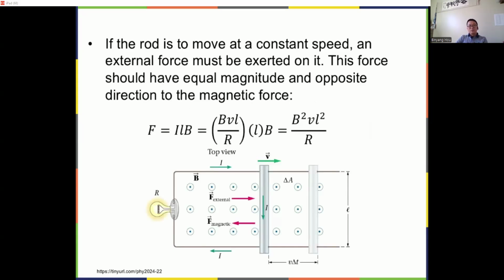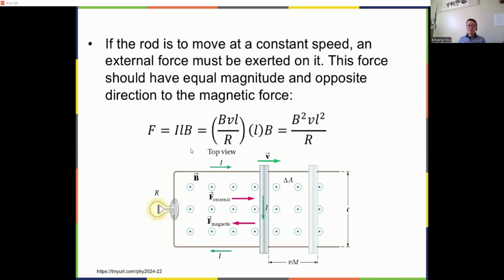So the magnetic force on this rod over here, okay? You can see that if the rod is moving with velocity V, the current is I. This rod is a conductor carrying current inside the magnetic field, so F is I L B, which we learned in the previous chapter.